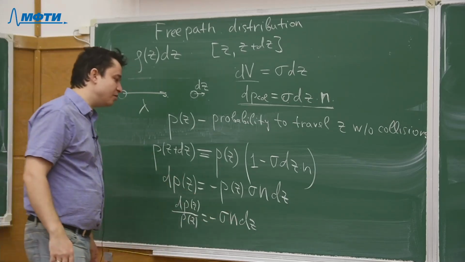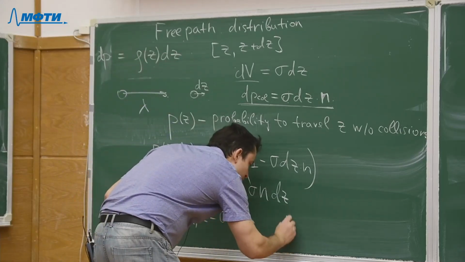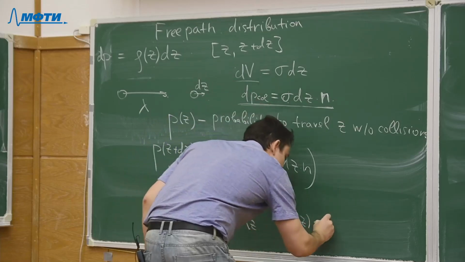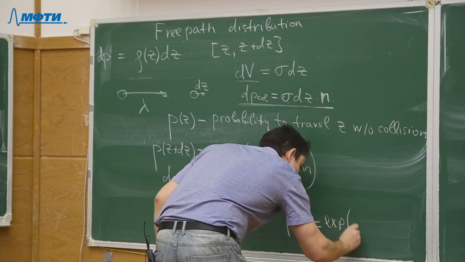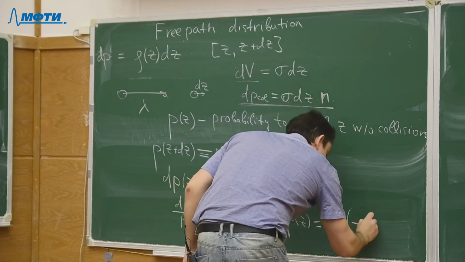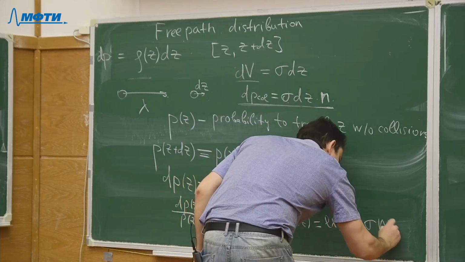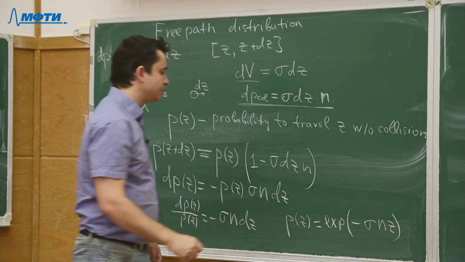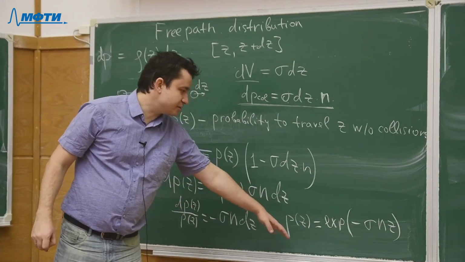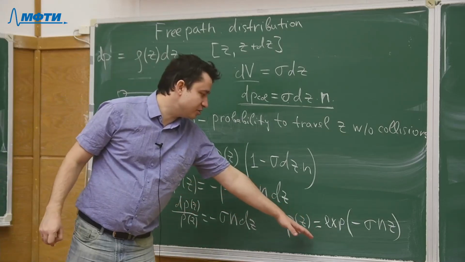And the final answer would be that p of z equals the exponent of minus sigma n z. So the probability to travel the distance z without any collisions is given by this.